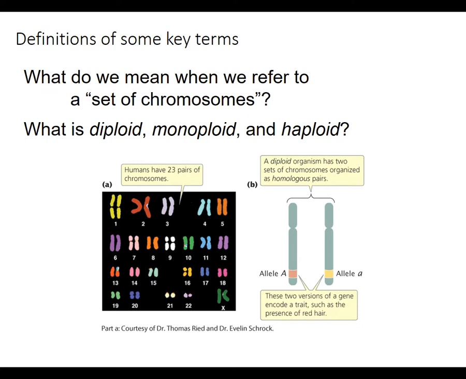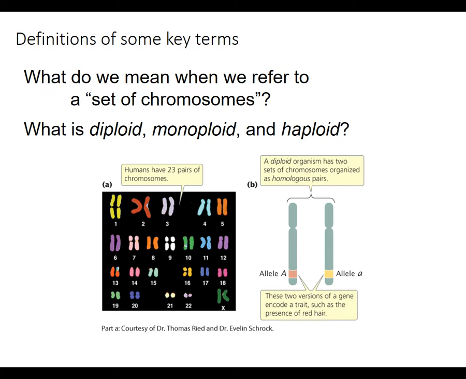So the terms diploid, monoploid, and haploid, what you need to remember is that ploid, P-L-O-I-D, means set or sets. And then whatever prefix is in front of that tells you how many sets. So diploid would be 2 sets. Monoploid would be 1 set.